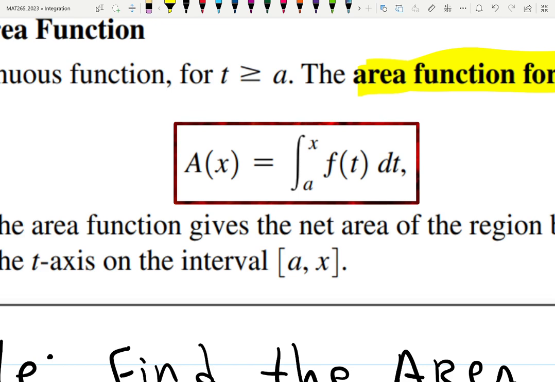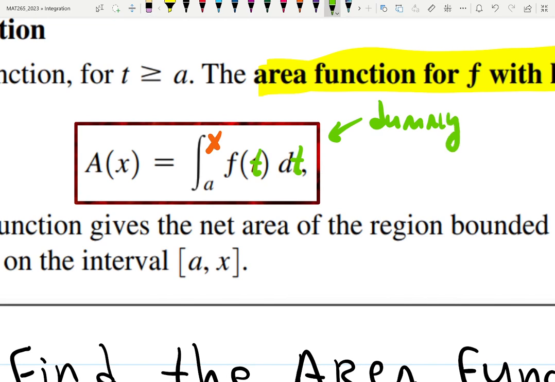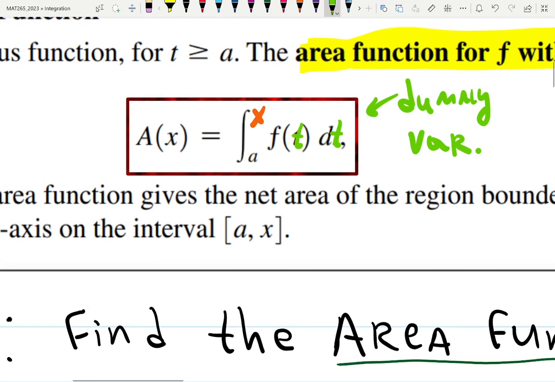They just don't want it to be confused with x. x is the unknown upper limit of integration. It can be increasing or decreasing. t is a dummy variable, meaning we're just using it as a name. You will see it a lot in computer science, also called a counter, for example.